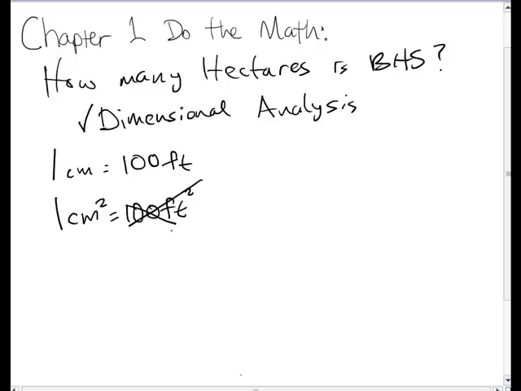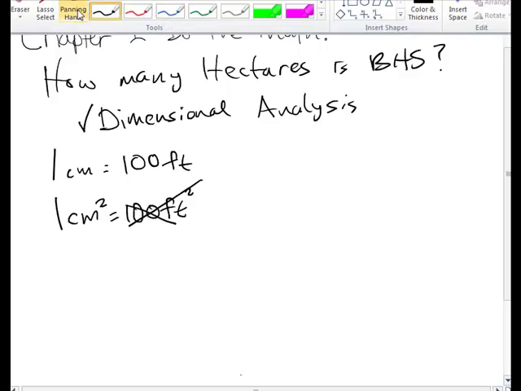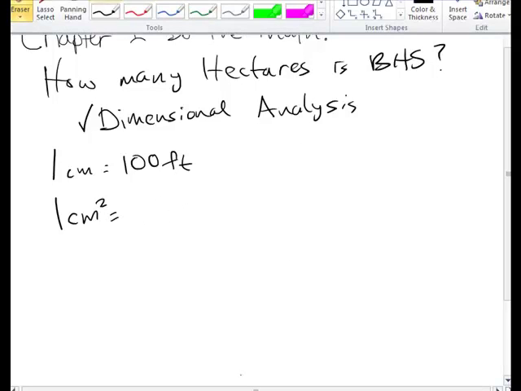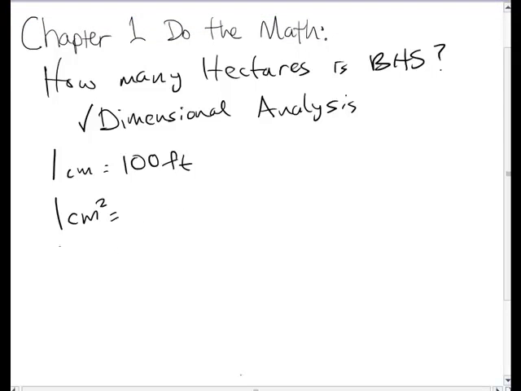Do you have an answer? Because 100 feet times 100 feet is 10,000. Right, thanks, Jordan. Maybe we can draw this out to explain why that's wrong. As Jordan said, if you took a 1 centimeter by 1 centimeter square, that is equivalent here to 100 feet by 100 feet.